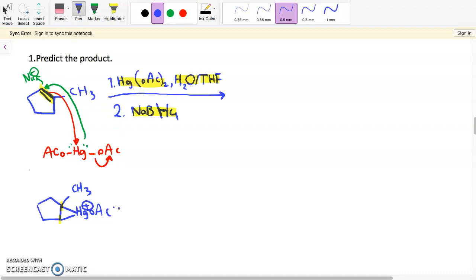So this means that we could draw this intermediate as either like this, with the methyl group coming out of the page, and this is our hydrogen, or we can draw it like this.